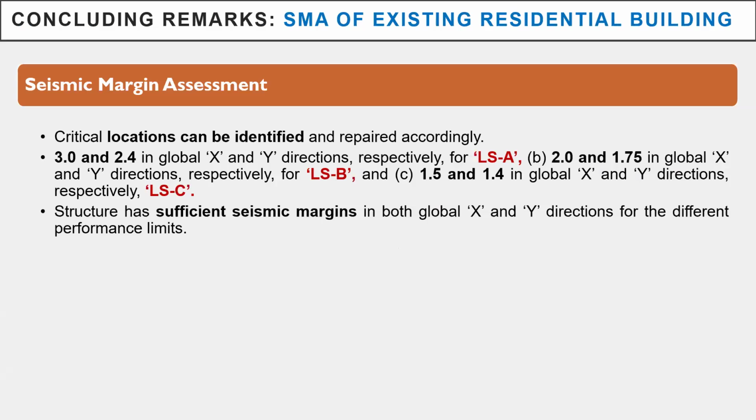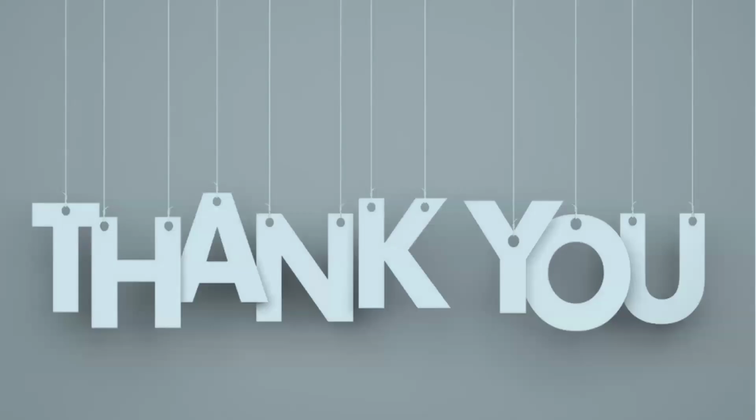However, the global margin is 3 and 2.4 in global X and Y directions for limit state A, 2 and 1.75 in limit state B, and 1.5 and 1.4 for limit state C. So we can conclude that the structure has sufficient seismic margin in both global X and Y directions for the different performance limits. So at last, I would like to thank all of you for listening to me with incredible patience. Thank you very much.